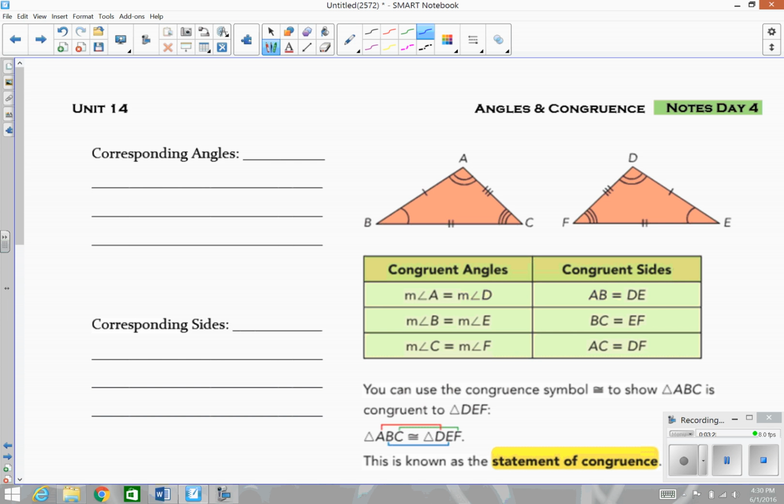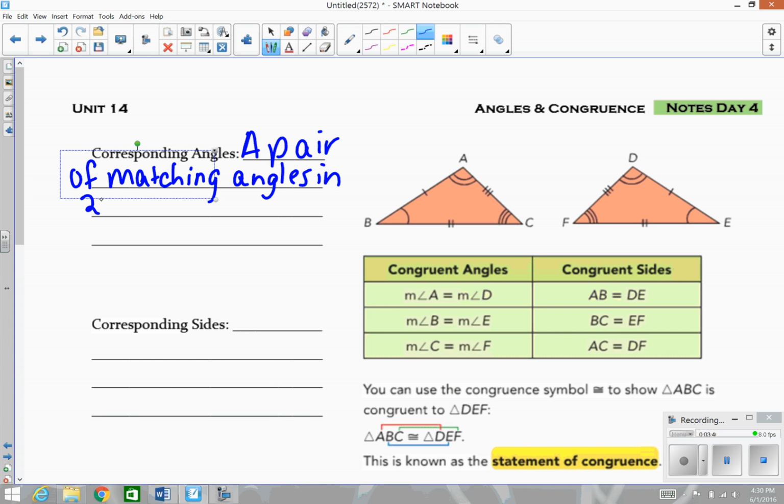So this is a pair of matching angles in two congruent polygons. A pair of matching angles in two congruent polygons.